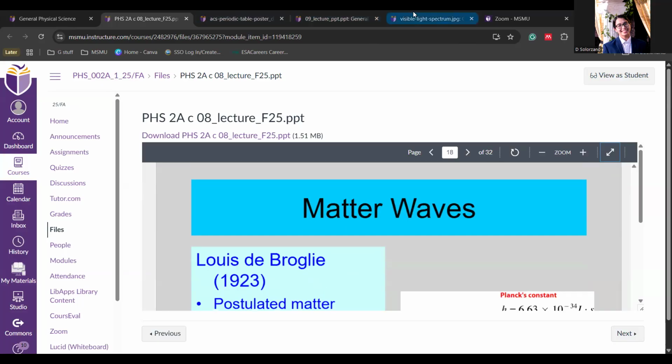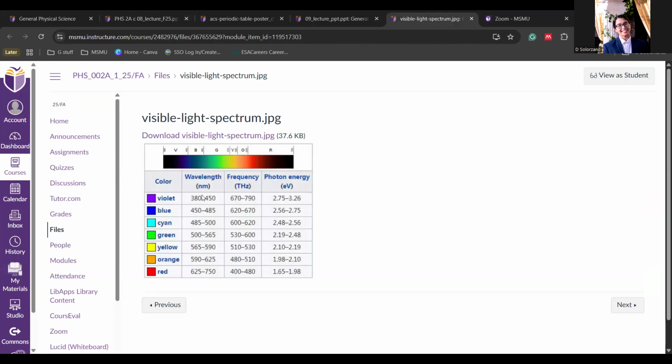If you come over here to the visible light spectrum, we see the wavelengths where violet is around 300 to 400 nanometers, and red is from 600 to 700 nanometers, and violet is higher in energy than red light. As the wavelengths are smaller, they're moving faster and have more energy. As they are bigger, they're moving slower and have less energy. A good rule of thumb: smaller wavelength, more energy; larger wavelength, less energy.